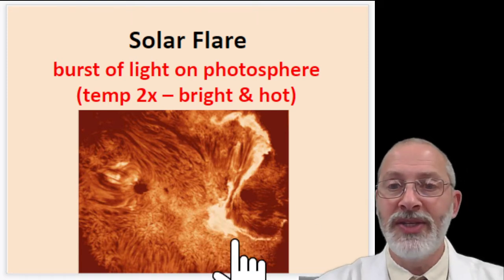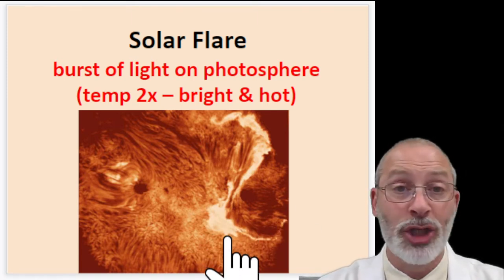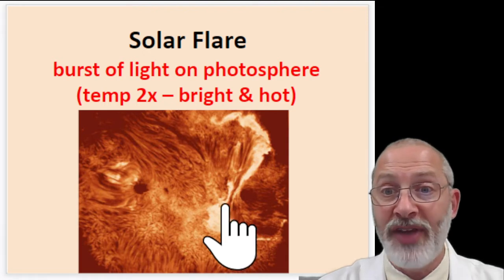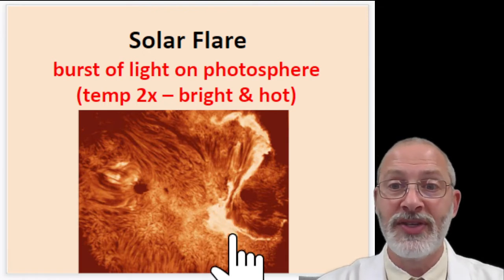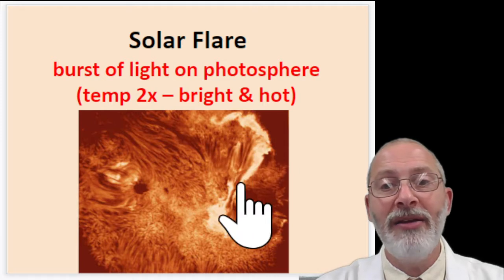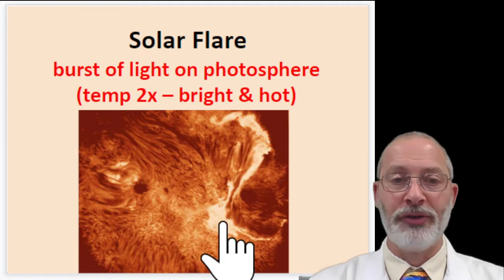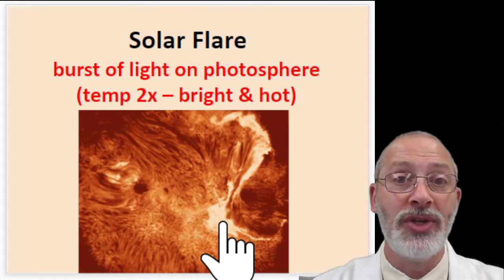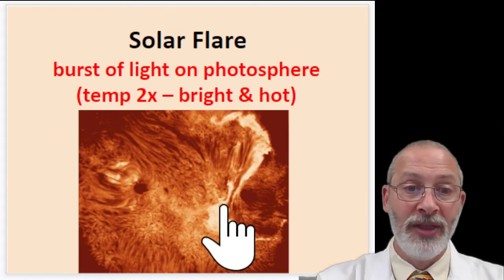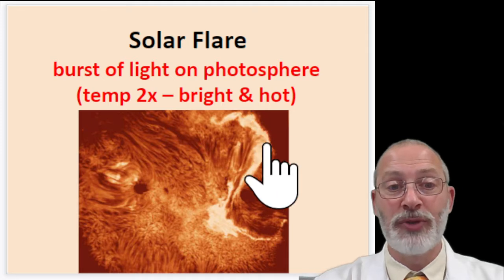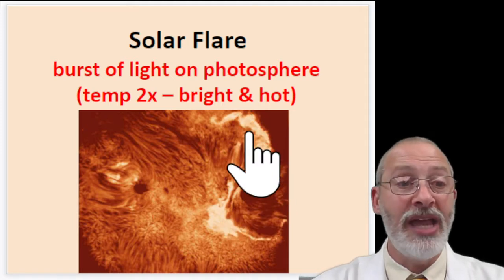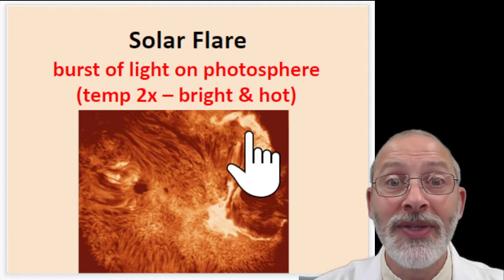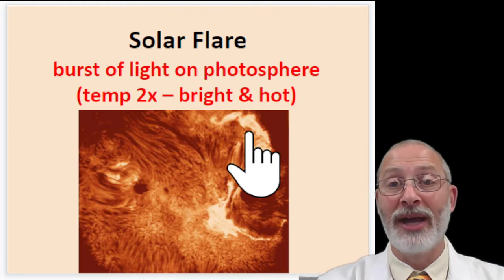So you can see in this image here, which again is an actual photograph of a solar flare on the surface of the sun, this bright area here is the solar flare. And this is a flat image, but imagine it was three-dimensional. This portion of the flare is actually spewing up into space, creating a prominence, our last solar activity.